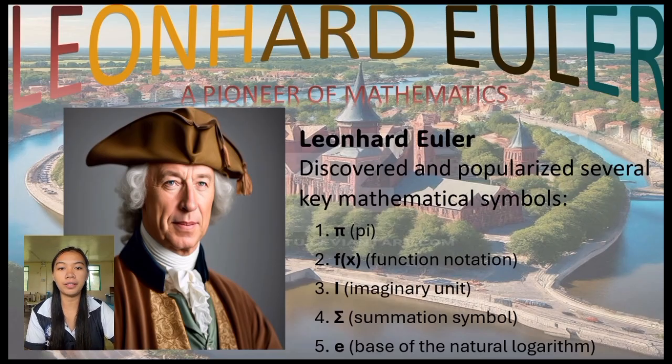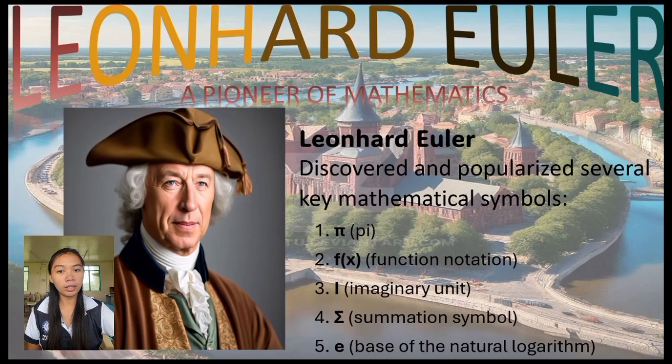The second one is the notation f(x), which is used to describe a function. The next one is the letter i, which is used to express the imaginary unit, equivalent to the square root of -1. The fourth one is the Greek letter sigma, which is used to represent summations.